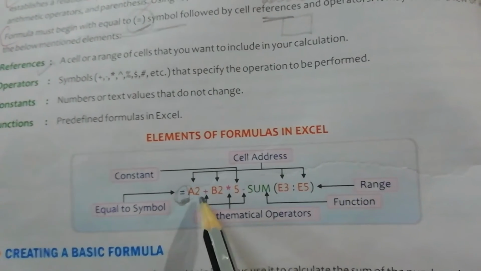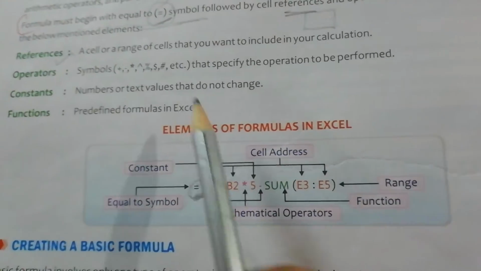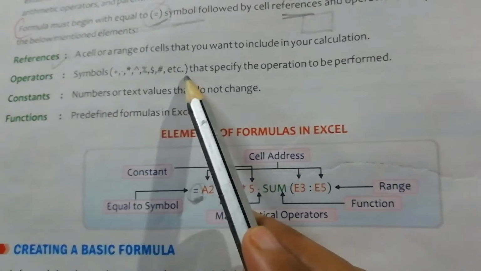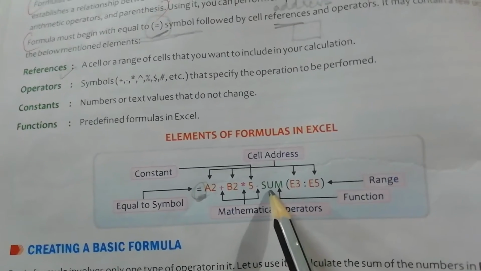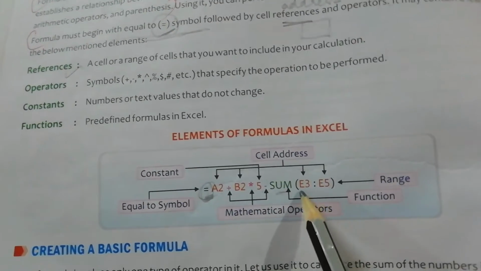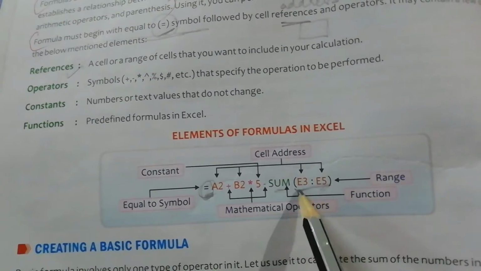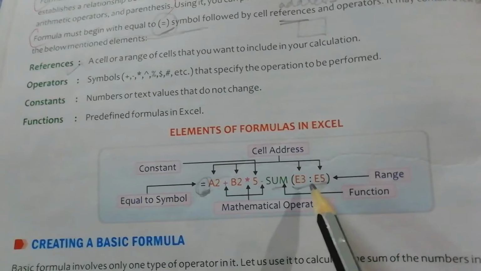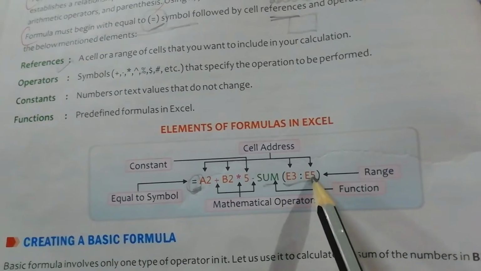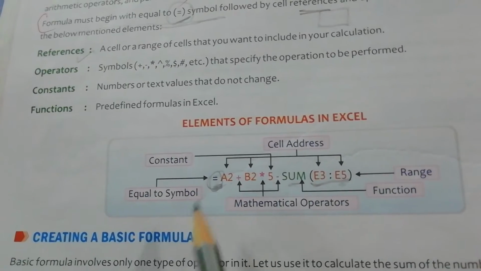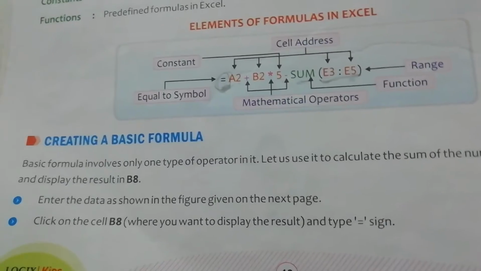A2 is a cell address plus B2 is a cell address, equals to is the operator, 5 is a constant, SUM is a function name, E3 and E5 are addresses. This is called a range. E3 to E5 means 3 cells are included here: E3, E4, E5. Clear?